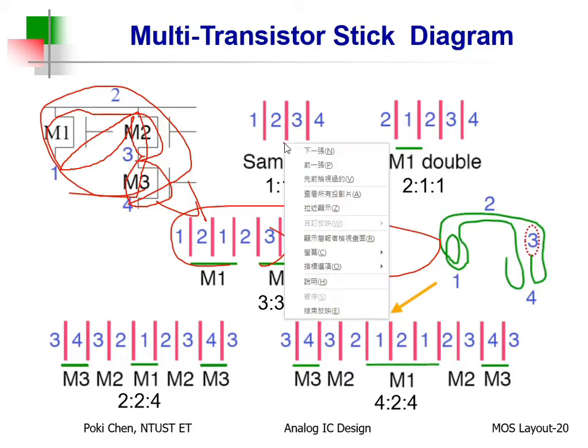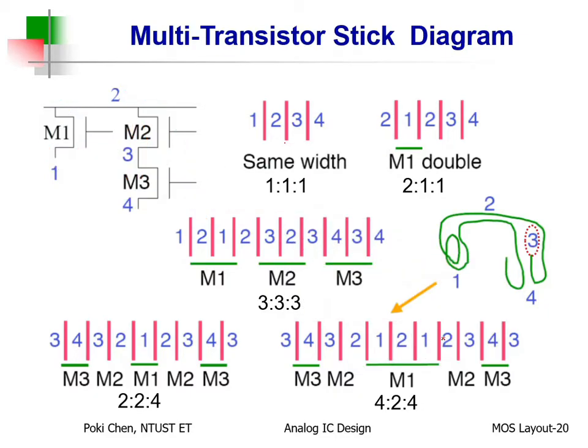You can see no dispersion at all in the previous one. The other issue is that this is the centroid for M1, the centroid for M2, the centroid for M3. They are far away and not overlapped, so no common centroid.